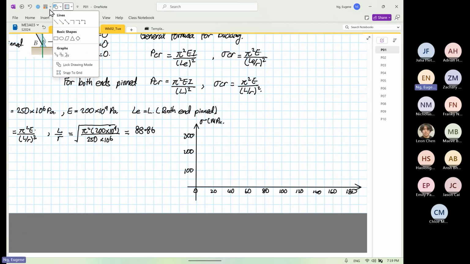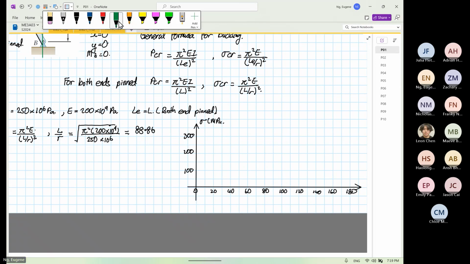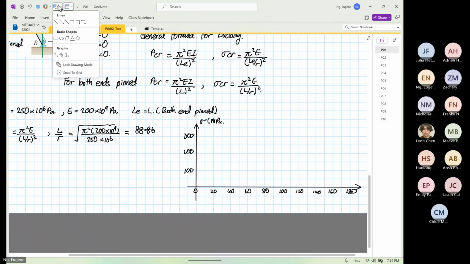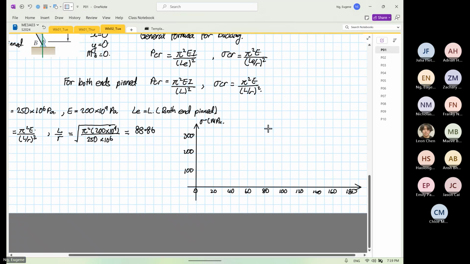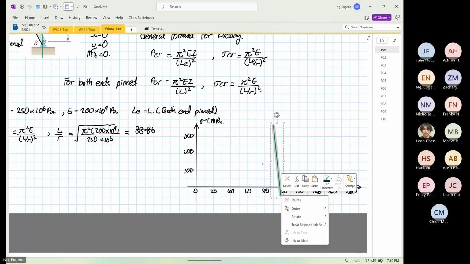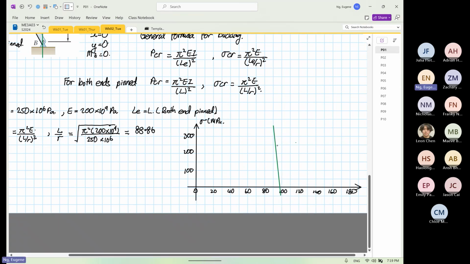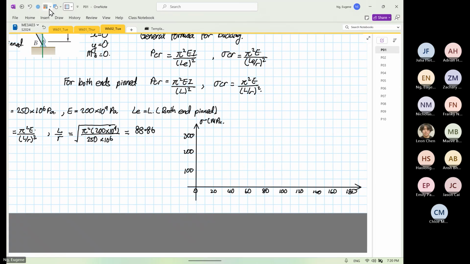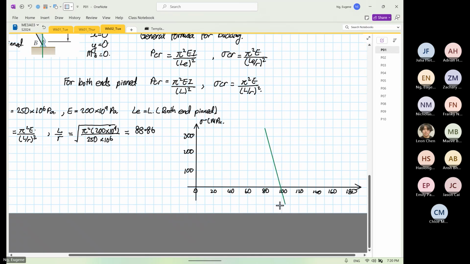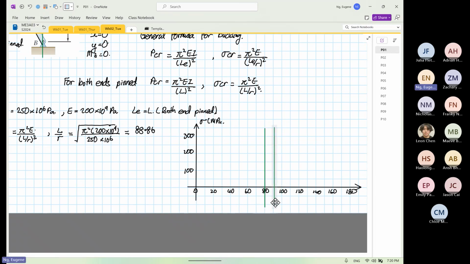Okay, so we're going to sketch a line. And this line over here is at this point, and this line is 88.86.